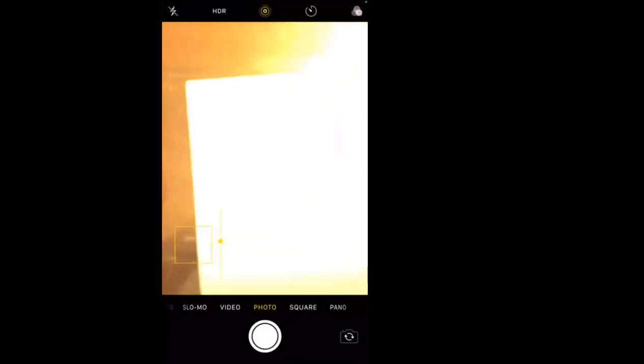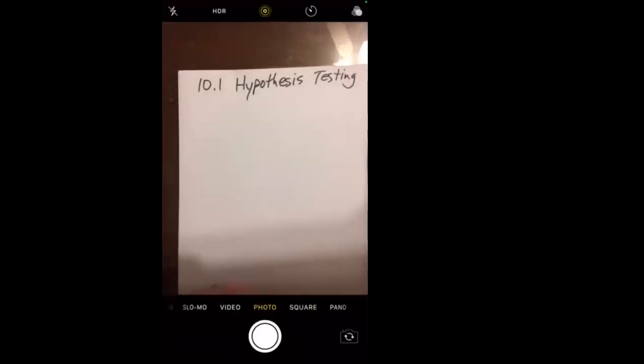It was working just fine a second ago, and now it's completely faded. You can't even read my words, and they're in dark black on this white. I don't know if switching down here makes anything. Okay, we're back.